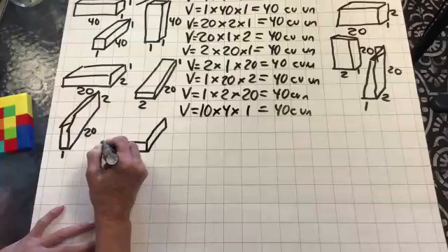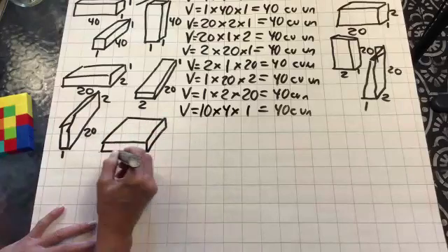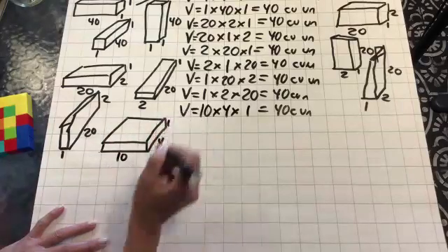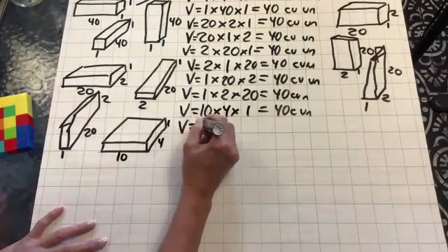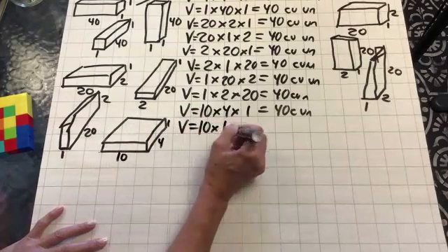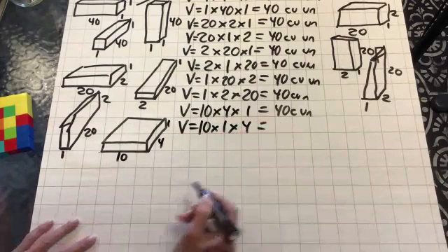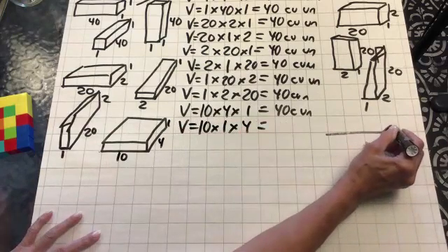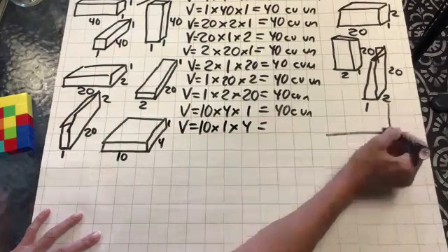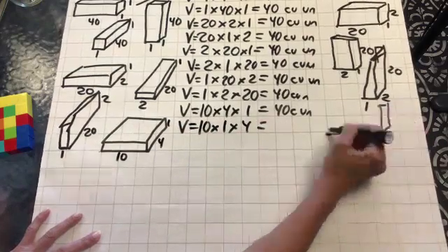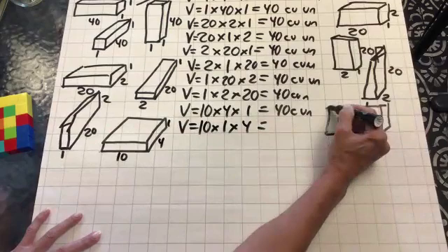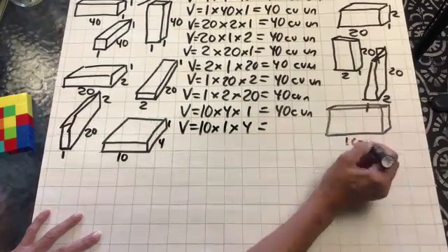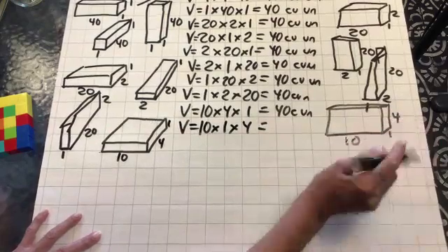And hopefully my rectangular prisms start to get a little better. And then we're going to have a 10 by 1 by 4. So that means it is 10 across by 1 deep by 4 tall. And we're pretending because we're just doing the best we can. 10 by 1 by 4.